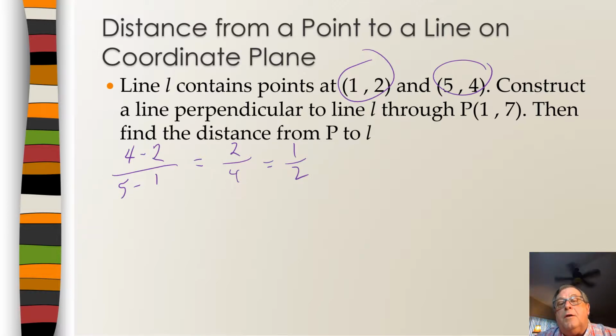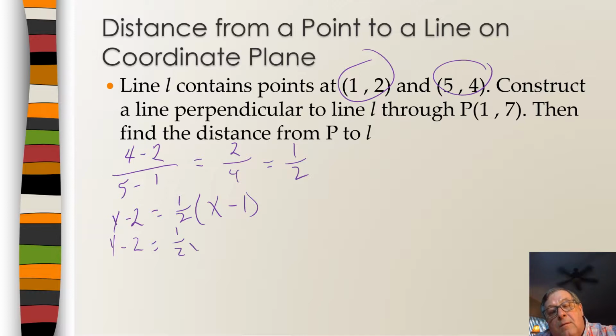Now I'm going to use one of those two coordinates, and I'll probably use (1, 2), and we're going to write an equation for line L, because I'm going to need it when I solve the system of equations. So let's see, I'm going to use point-slope, so y minus 2 equals 1/2, the slope, times x minus 1. y minus 2 equals 1/2 x minus 1/2.